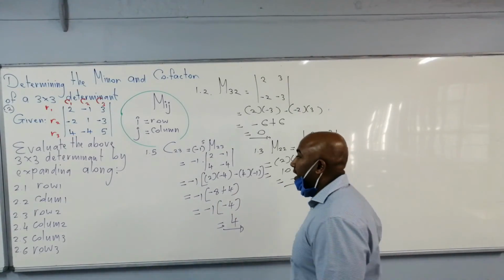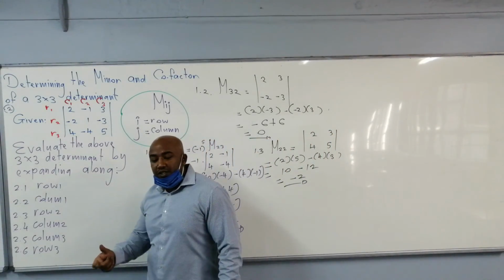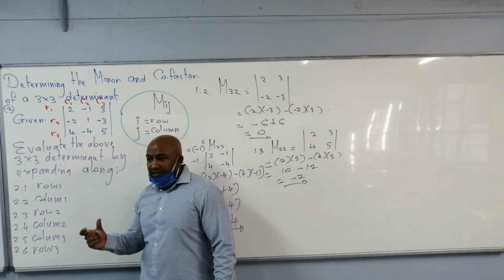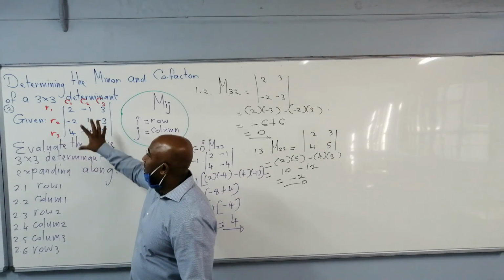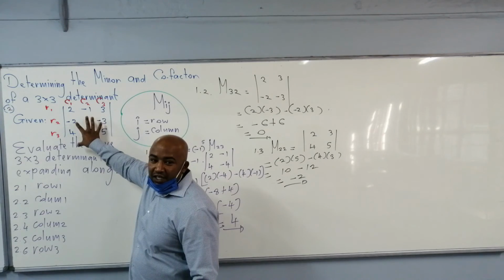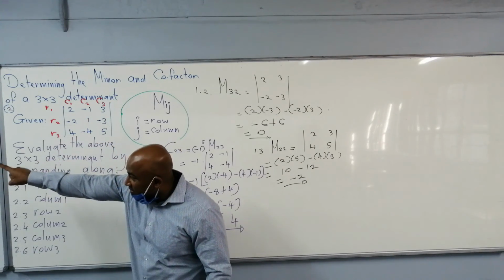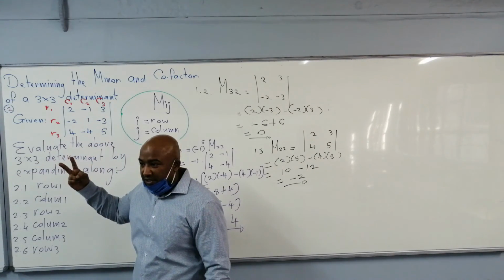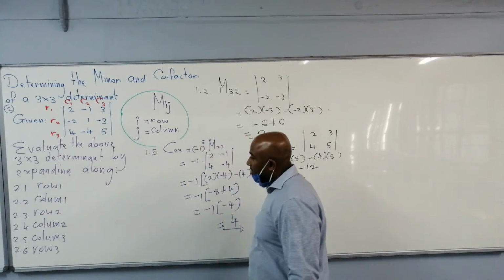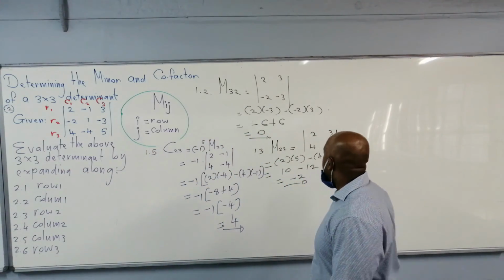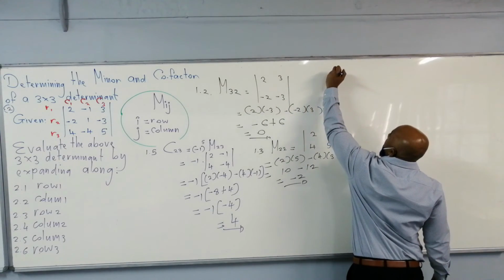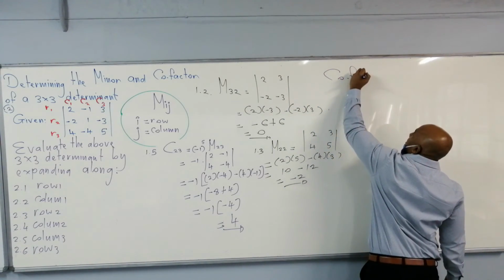Right, so now that you know how to work out the cofactor, you are now able to evaluate this determinant. Just like how we evaluated all those 2 by 2 determinants, now we are using a method of cofactor expansion.